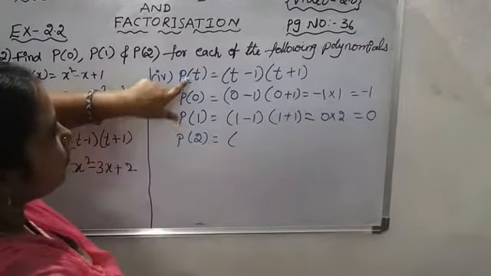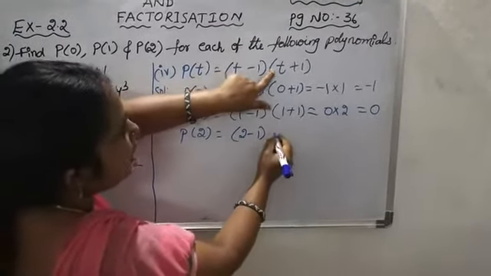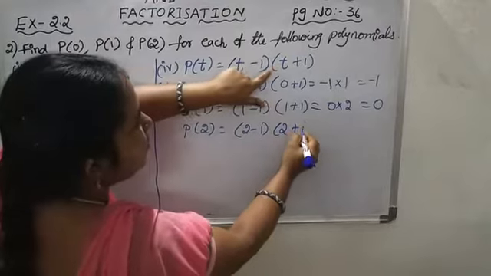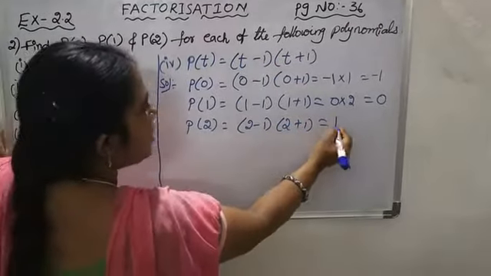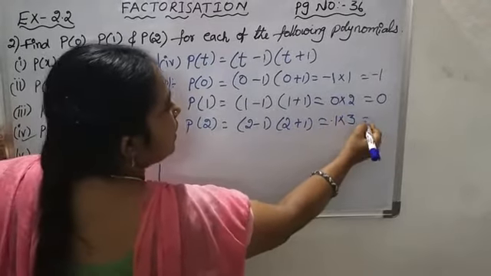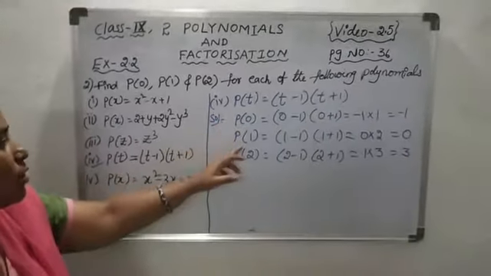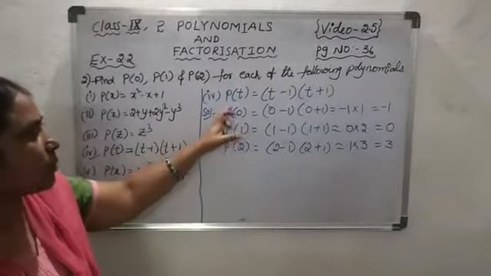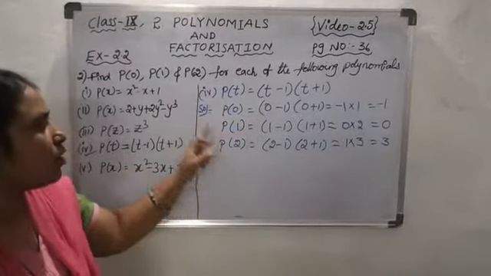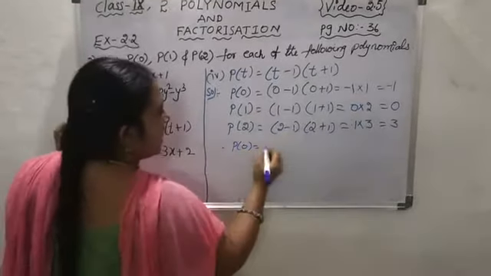So in the place of t we substitute 2. 2 minus 1 into 2 plus 1. 2 minus 1 is 1, into 2 plus 1 is 3. 1 3s are 3. So like this we have to substitute one time 0, one time 1, one time 2. We are getting p of 0 value, p of 1 value, p of 2 value. Therefore p of 0 is equal to minus 1.